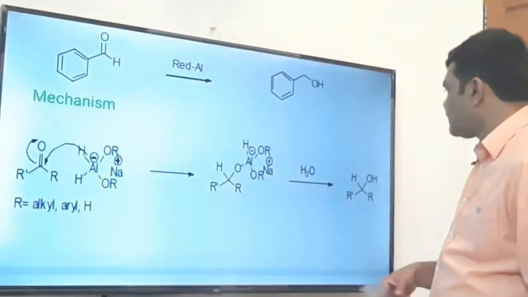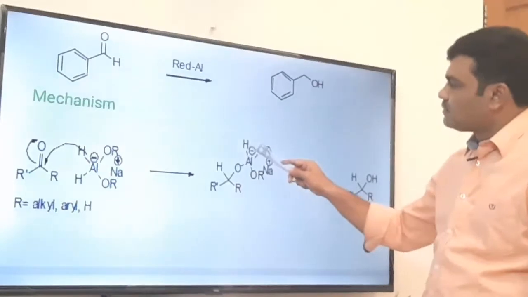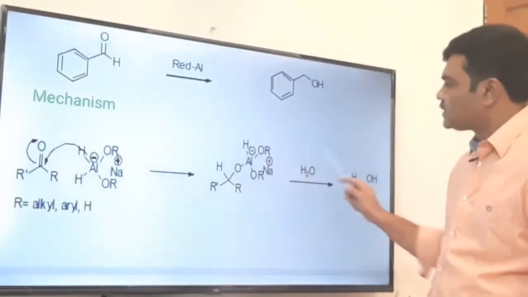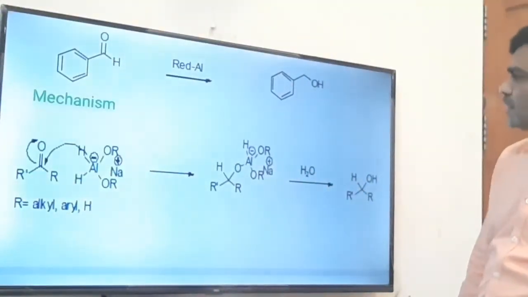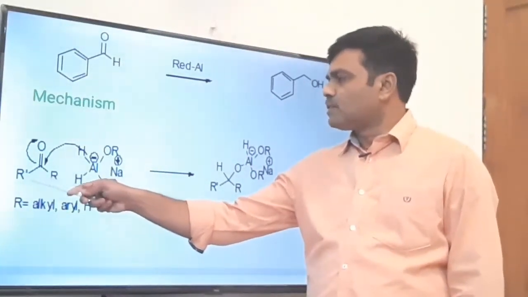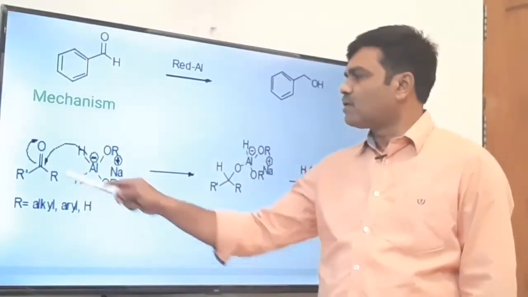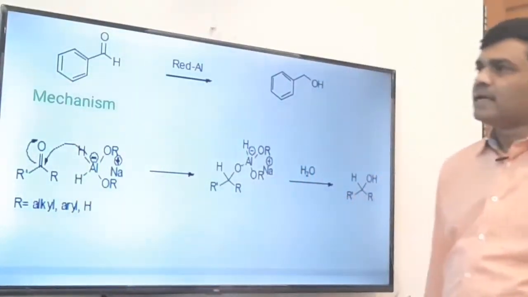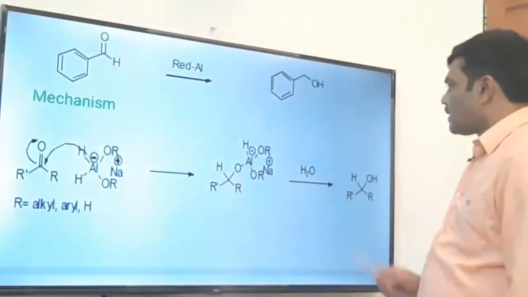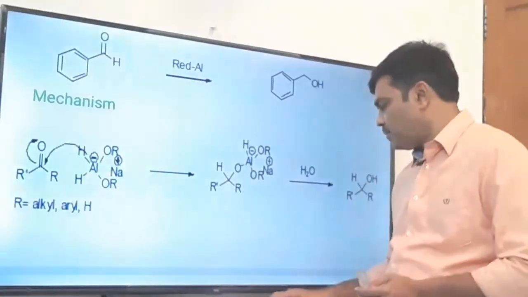The pi bond opens on the oxygen and we get the alkoxyborane. That alkoxyborane on hydrolysis gets converted to secondary alcohol. If I start from aldehyde, it means instead of 2 alkyl groups, one alkyl group may be replaced by a hydrogen, or both may be replaced by hydrogen. In case of aldehyde, we will get the primary alcohol.